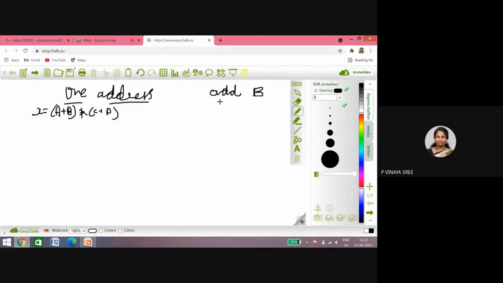I hope everyone knows the difference between load and store. So load is what, store is what? In one of the classes I explained what a load is. Load indicates we are loading the operand which is present in memory into an accumulator.